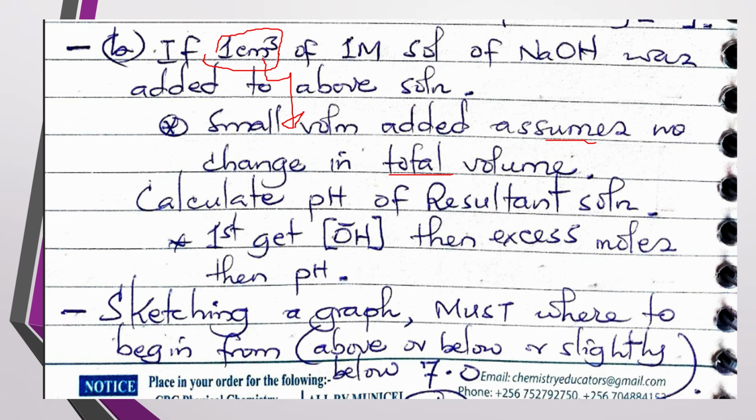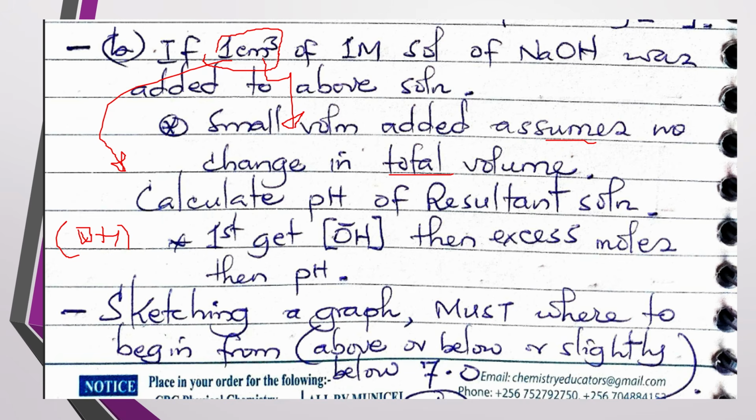But when you're calculating, you don't add that volume by saying that those moles are in the total volume you started with plus 1. That's very wrong. These are very small, minute volumes. You don't add such volumes onto the calculations of molarity or the mole concept.